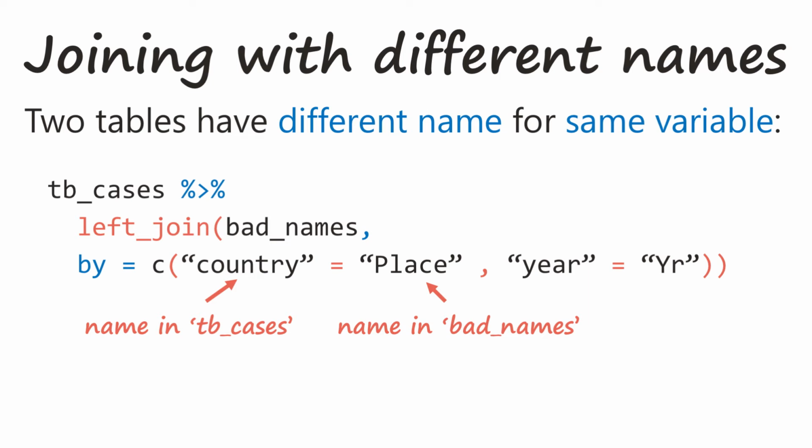So within the c, you just do country equals place. Then if you had another variable in your first table that was named year, and the variable in the second table was named YR with a capital, you just equate those like that.